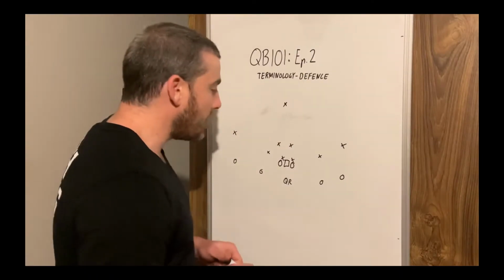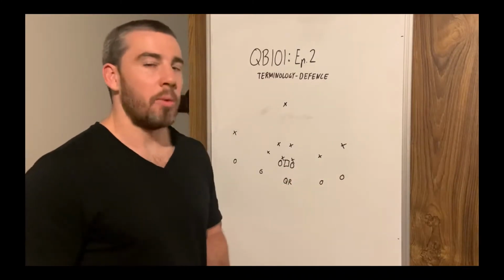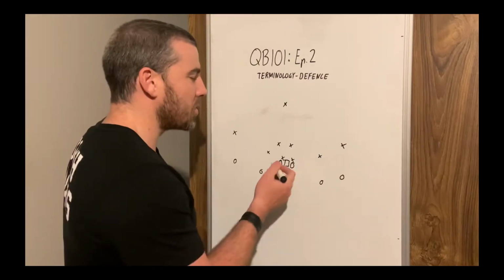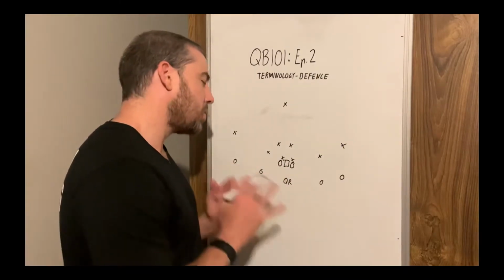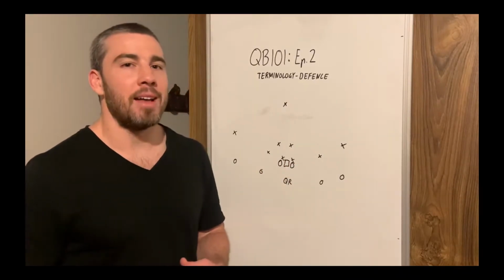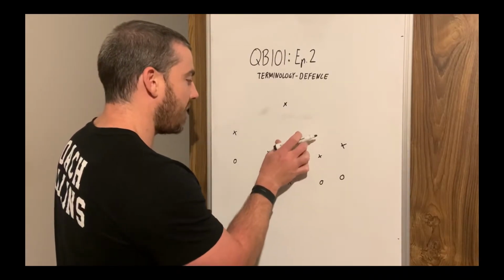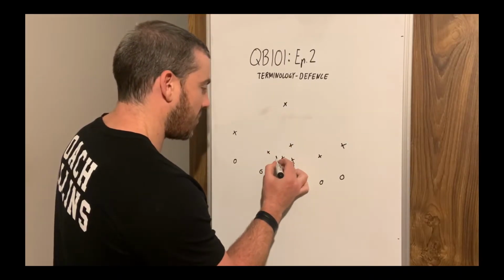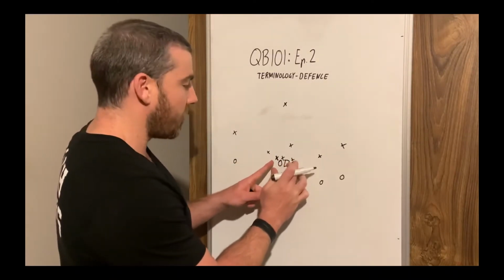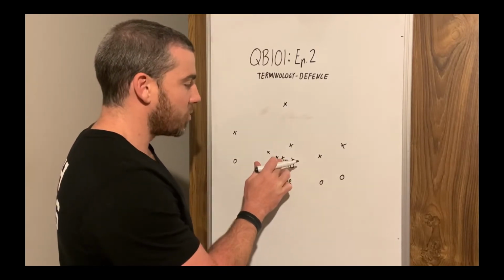Going into a little bit more detail, for the D-line, we usually have D tackles, or we also have nose tackles. Don't stress too much about that terminology, but the important one is when we talk about defensive ends. So they're players that are on the ends. And once we have a three-man line, we would usually refer to these two players as the defensive ends, and this would be a defensive tackle.